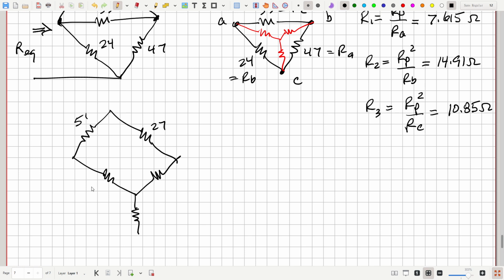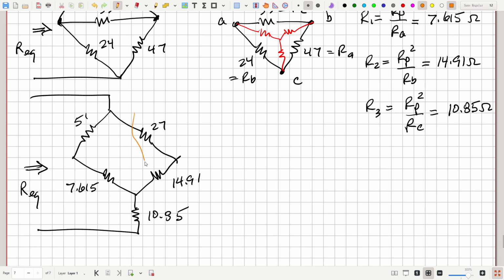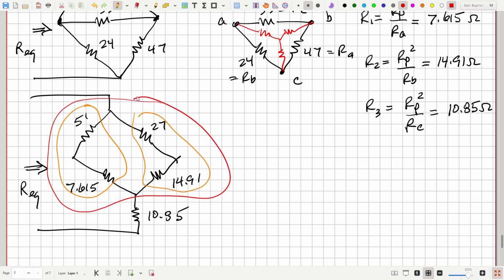So here's 7.615 and 14.91 and 10.85. And here's where we're trying to calculate our equivalent resistance. And so now these two are in series and those two are in series. And then those are in parallel. And then they're in series with 10.85.